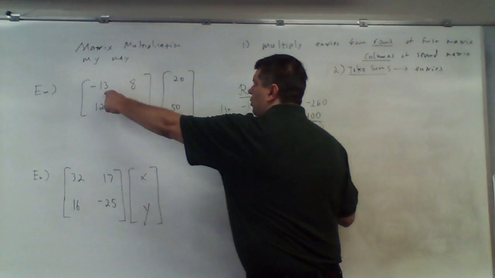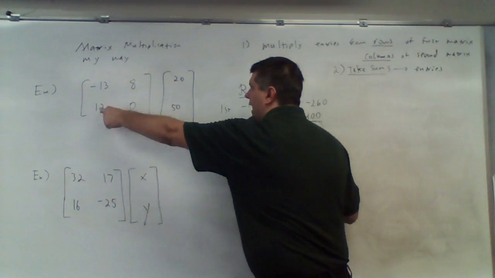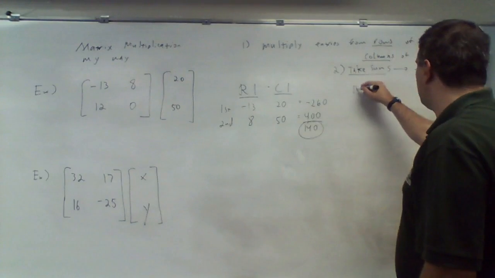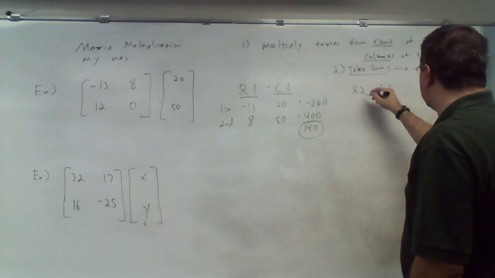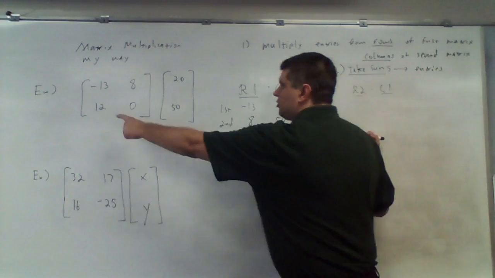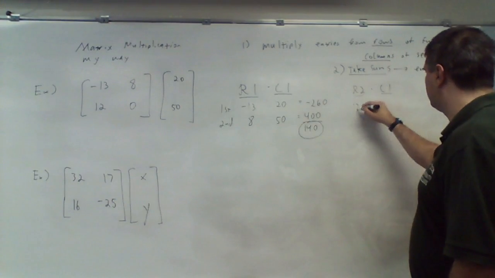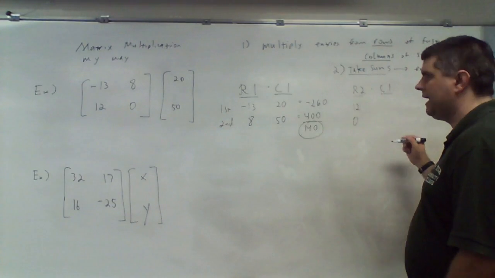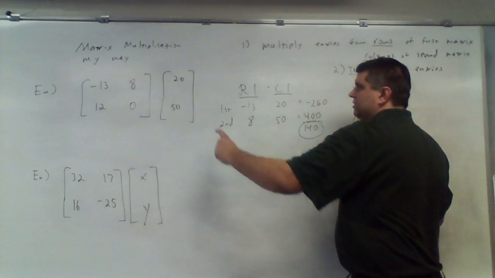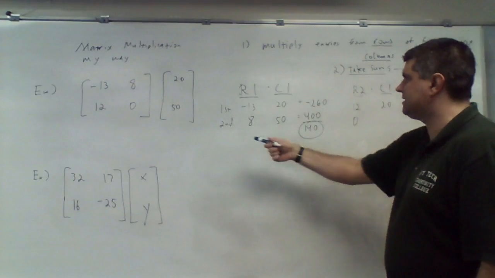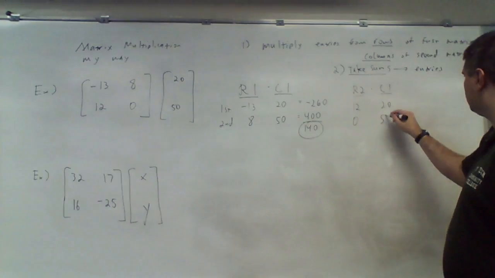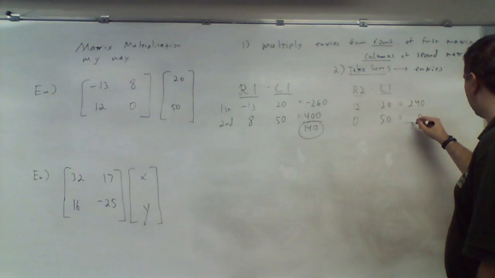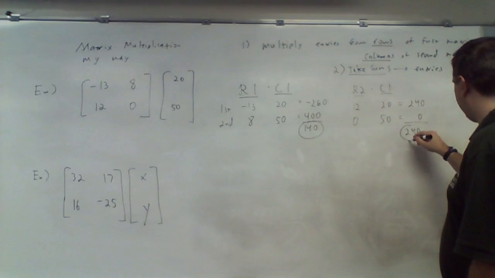So now I have done the top row by the only column. Now I need to do the second row by every column. So row 2 times column 1, because there's only one column. The first entry is 12. The second entry is 0. And then the first entry of the column is 20, and the second entry of the column is 50. This ends up being 240. This ends up being 0, 240.